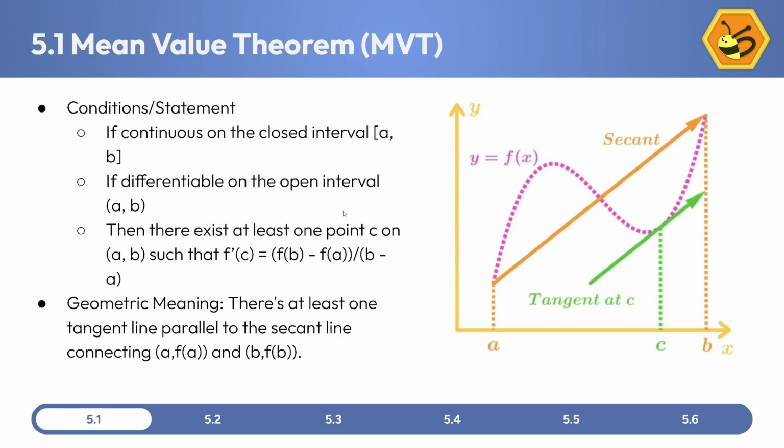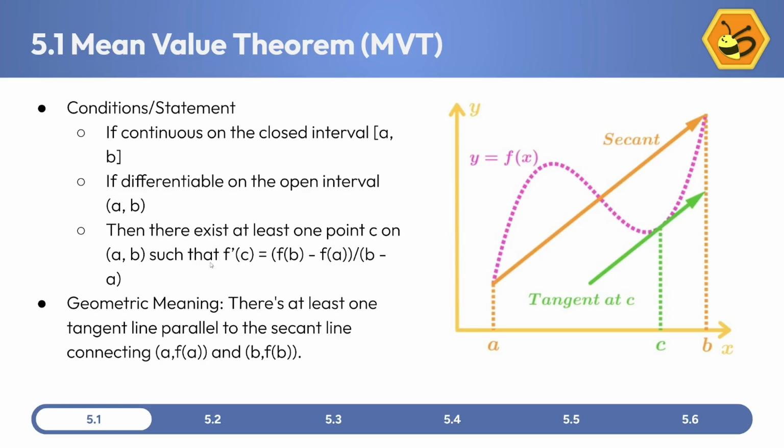If we have these two conditions satisfied, then what the mean value theorem proves is we have at least one point c on the interval a to b such that f prime of c equals f of b minus f of a over b minus a.